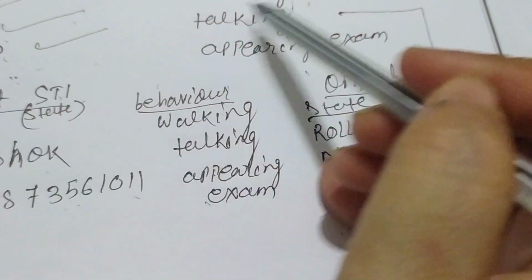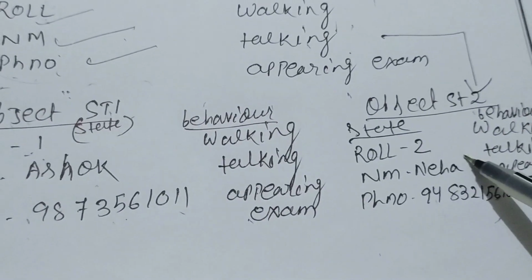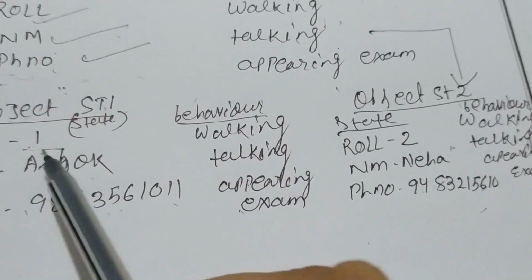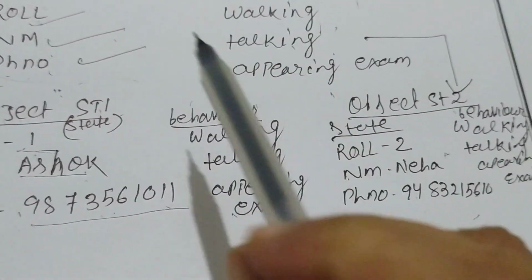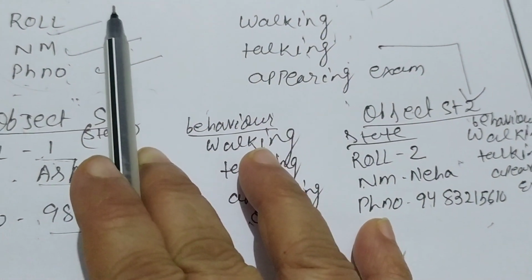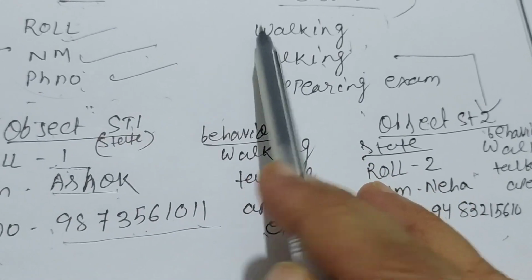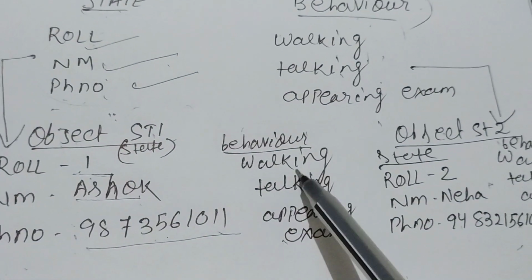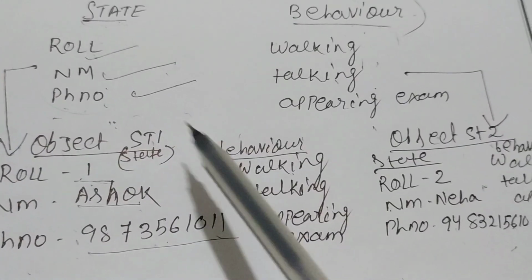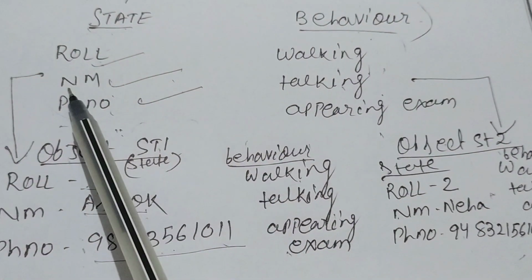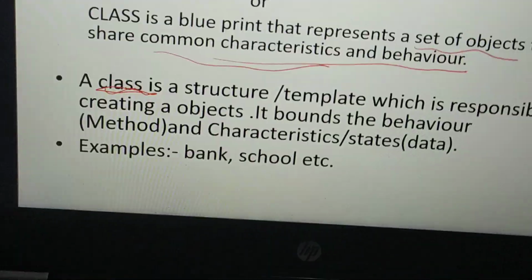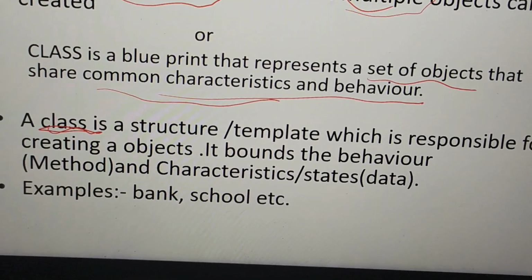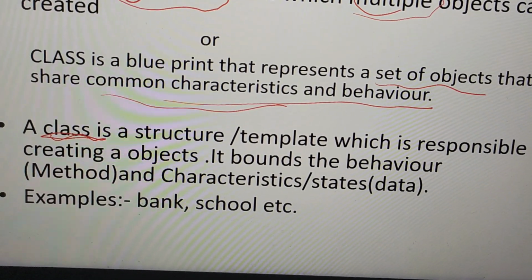So the common structure is there for all the objects, but their data are different. It will be clearer when you do the programming. Now just remember, the class first defines the structure, and from this structure the individual objects are made, which share the common characteristics and behavior. So the class is the structure or template responsible for creating the object.